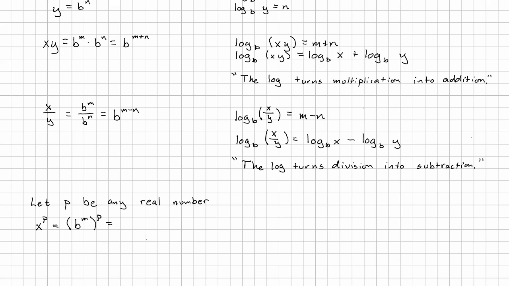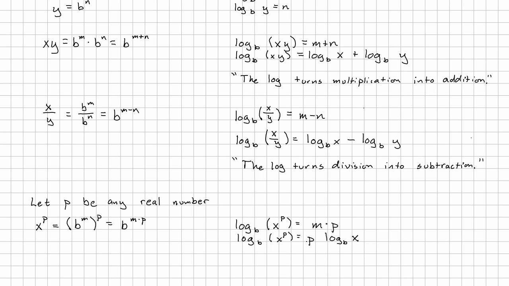And the power of a power rule says that's b to the m times p. In log terms, the log base b of x to the p is m times p, or in other words, the log base b of x to the p is p times the log base b of x.